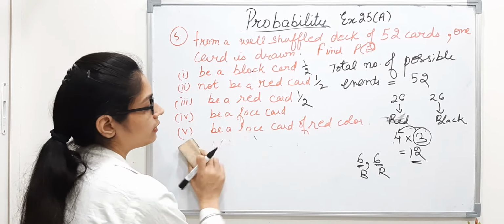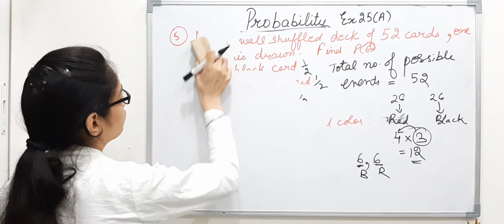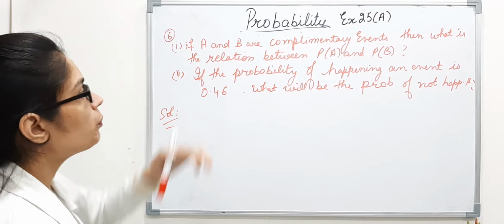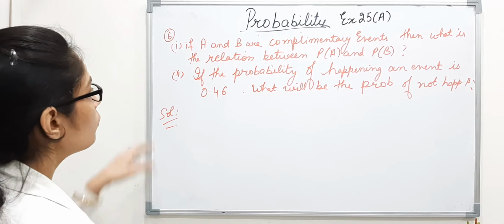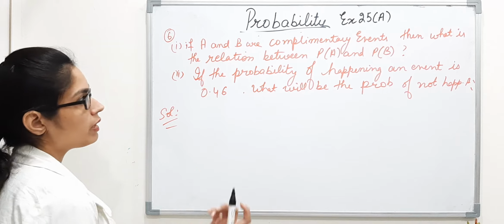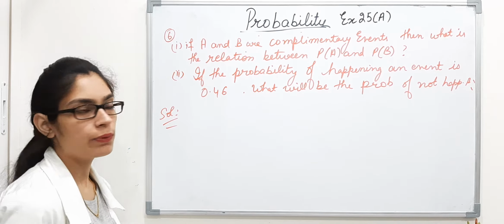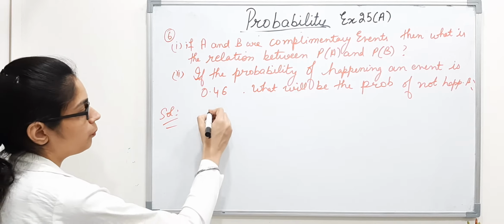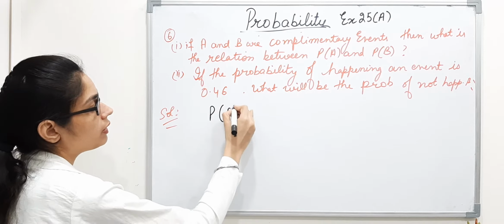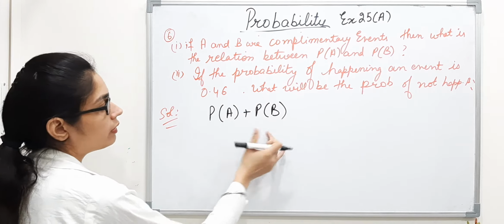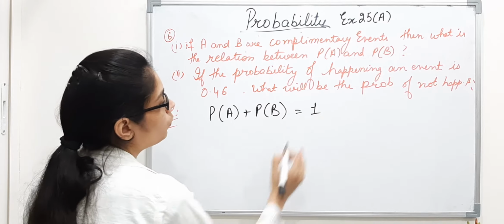Now let's do the next question. Question number 6 is, if A and B are complementary events, then what is the relation between A and B? It's very simple. We have already discussed in the first video while discussing the main terms of probability that if we add the probabilities of complementary events, it will be equal to 1.